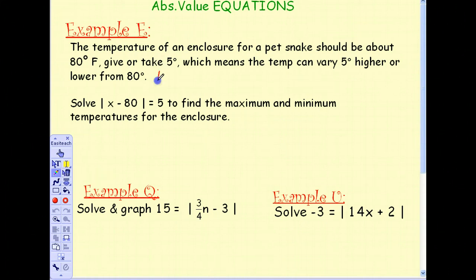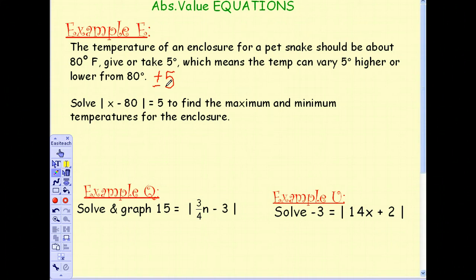We show this margin of error or this give and take using the plus and minus sign. In this case it's a plus and minus 5 because it's give or take 5 degrees. So it can be 5 degrees higher than 80 or 5 degrees lower than 80.